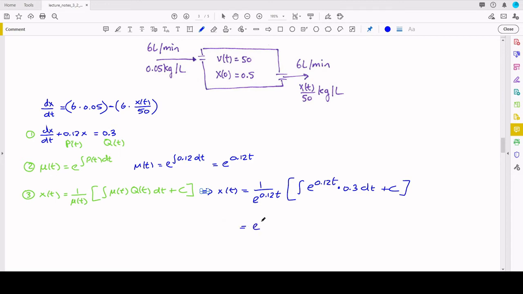And the first part we can write as e to the power negative 0.12t. The antiderivative of e to the power 0.12t is going to be e to the power 0.12t divided by 0.12. And then we still have that multiplied by 0.3, that's just a constant multiple, and then we have plus c.